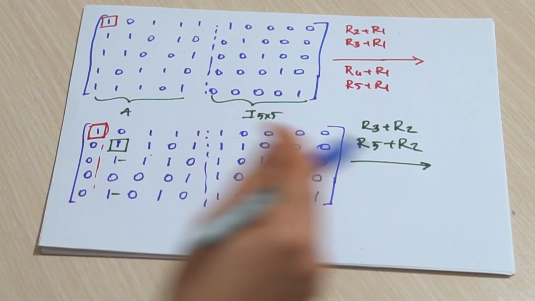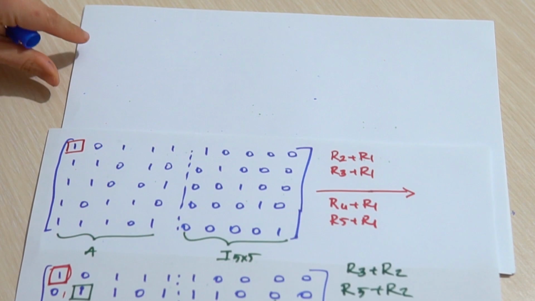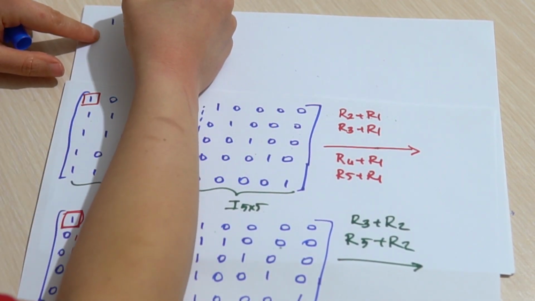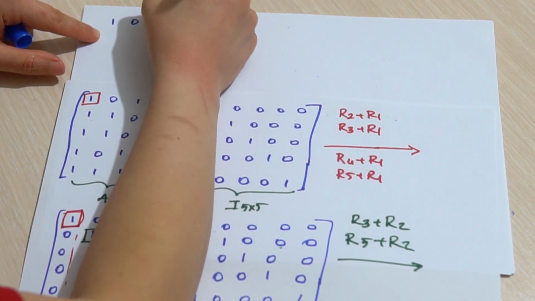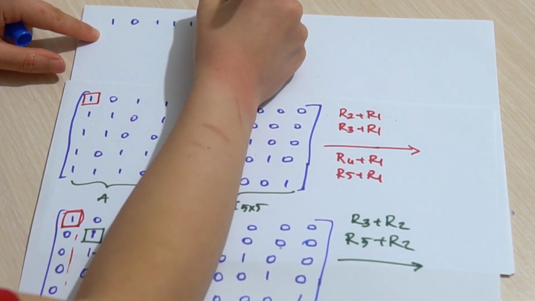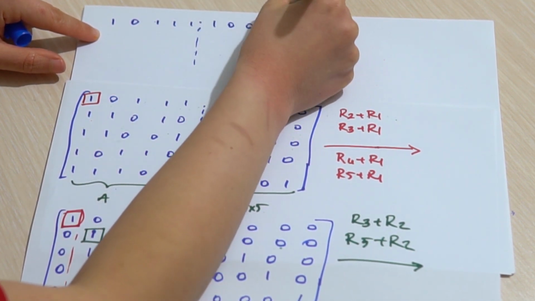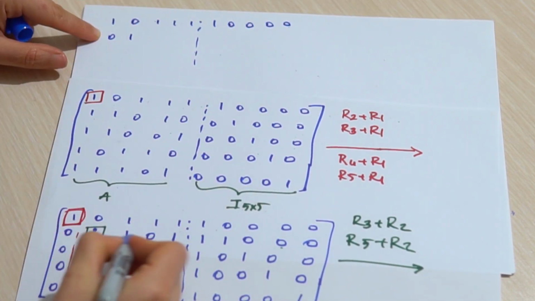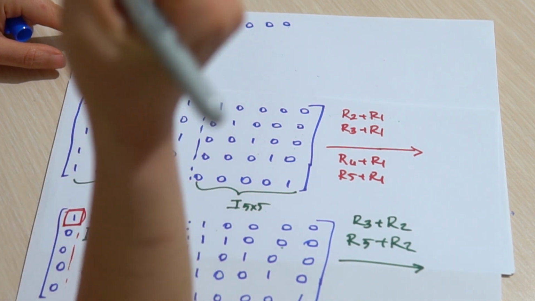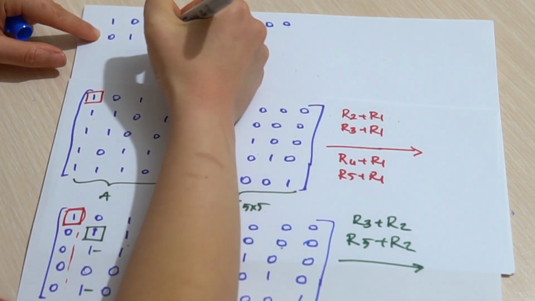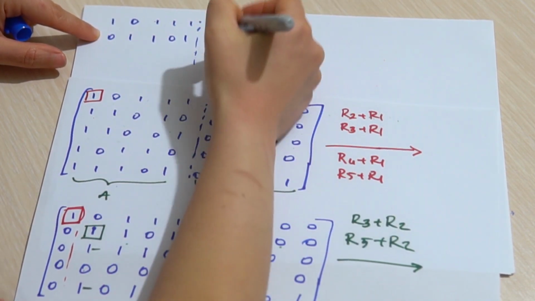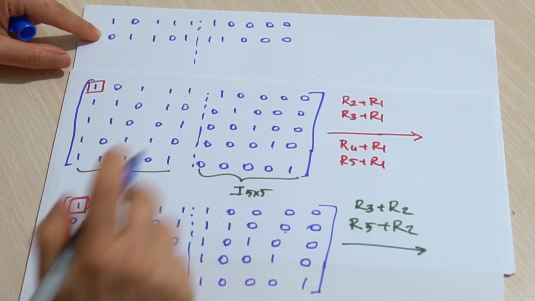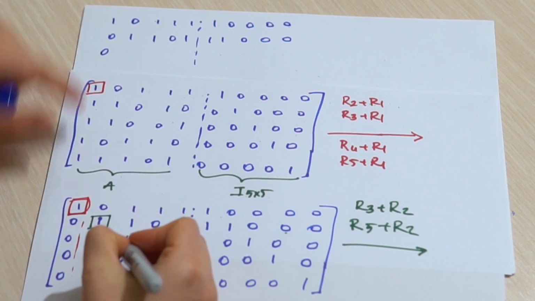Then I didn't do anything to row 1, so I will have 1, 0, 1, 1, 1, 1, 0, 0, 0, 0, and I didn't do anything to row 2, so I will write row 2 the same, 0, 1, 1, 0, 1, 1, 1, 0, 0. Let's look at row 3. We have 0 here.